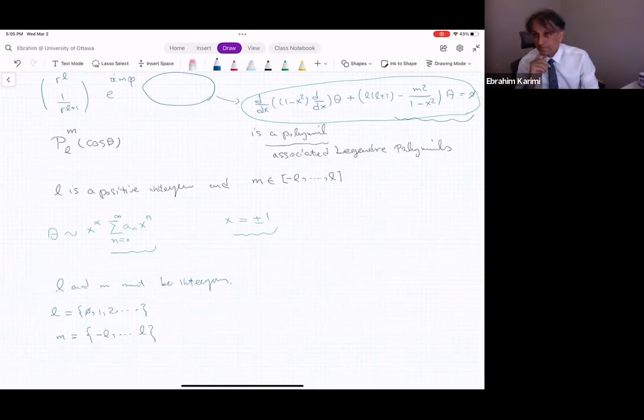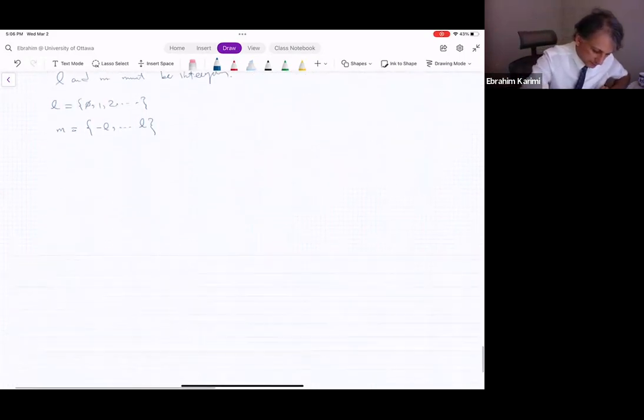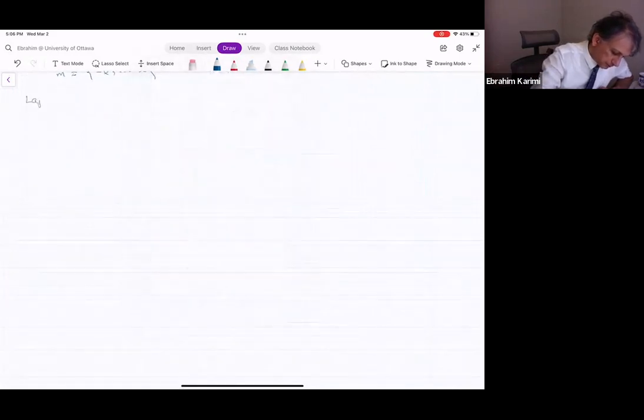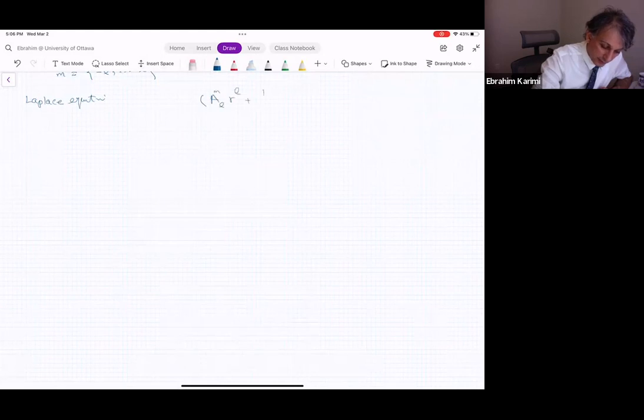Now, due to the azimuthal dependency that we have, we have another index which is playing a role here. So indeed, for the Laplace equation, we have the following solution: A_lm, of course, r to the power L, plus B_lm, r to the power of -(L+1).